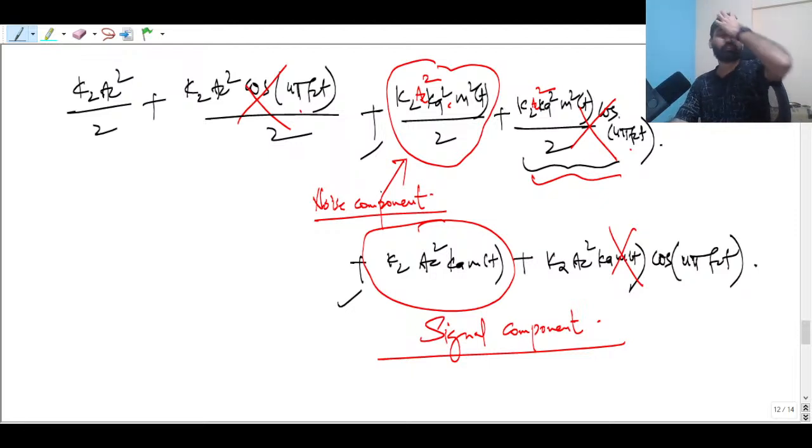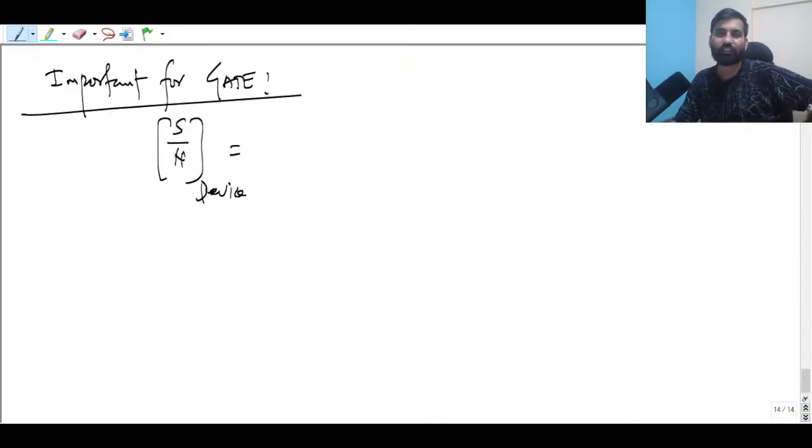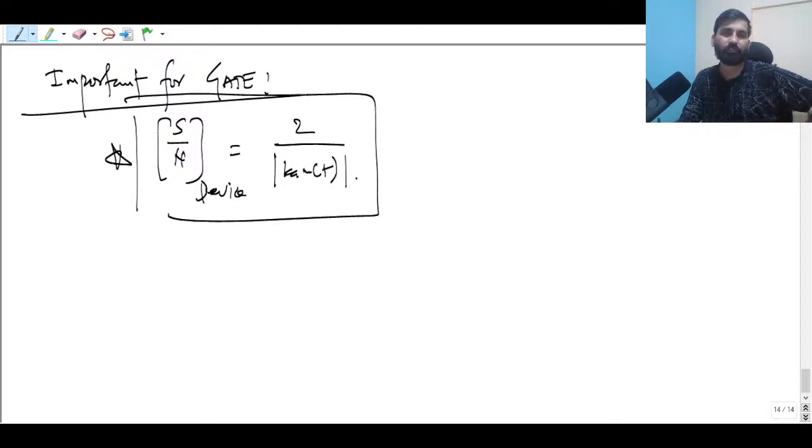And then take the ratio of that, k2 ac square kmt, and then here it is k2 ac square k square something. So if you take the ratios, you will get 2 by kmt. This is the formula you have to remember, okay, in case of square law demodulator. Remember this formula.